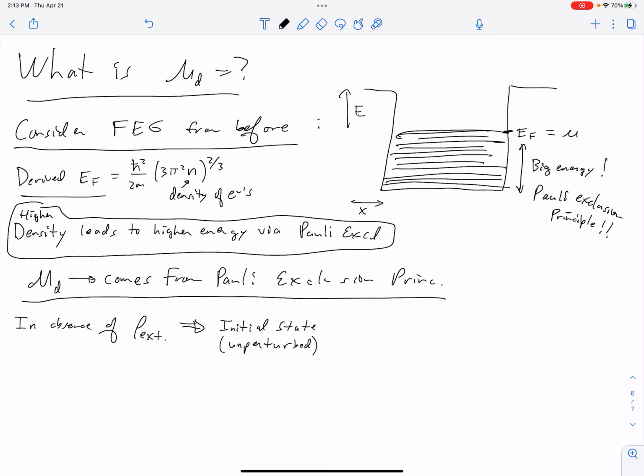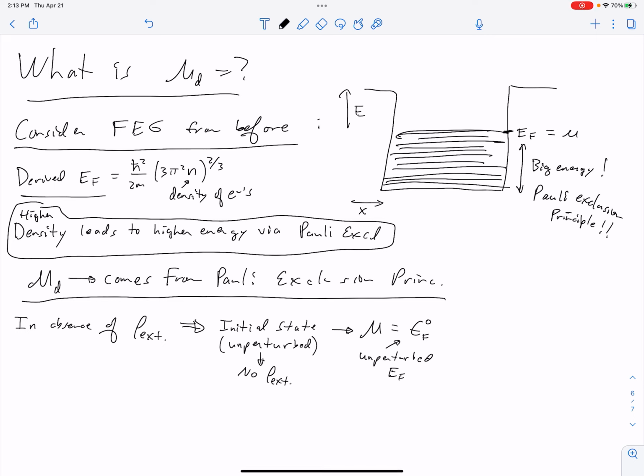And for the initial state, we know that mu, the chemical potential, is equal to the Fermi energy naught. So that's just the unperturbed Fermi energy. And when I say unperturbed, it means no external charge has been added.